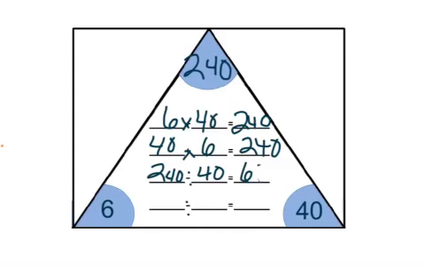Oops, not 60, 6. And 240 divided by 6 would get you to 40. So it's the same as your basic math facts, only you're extending them because now we're working with tens. If you think back to when we did math talks, we talked about that 0 being magic, and almost like just do the 6 times 4 and then add the 0 on at the end, if you can remember that strategy.